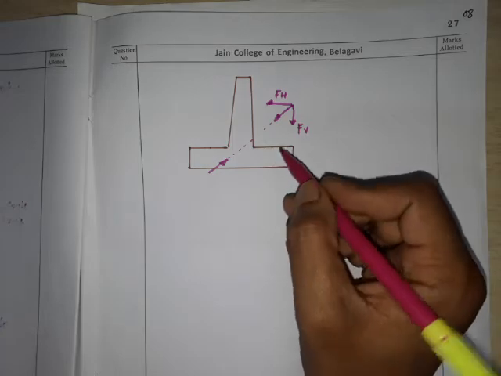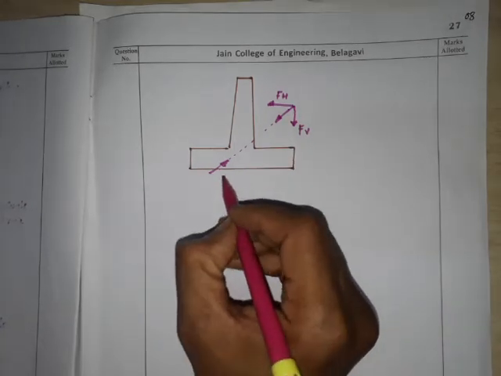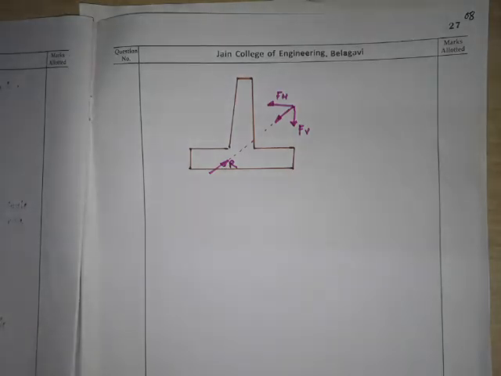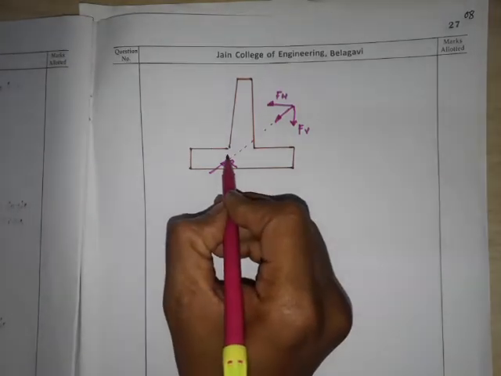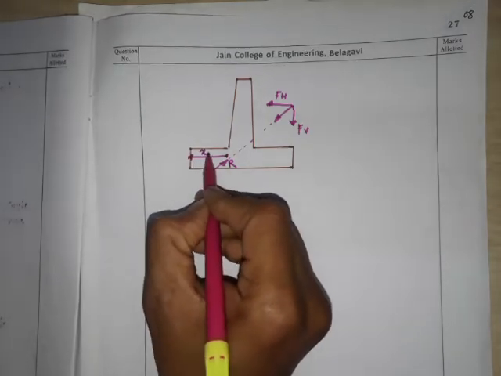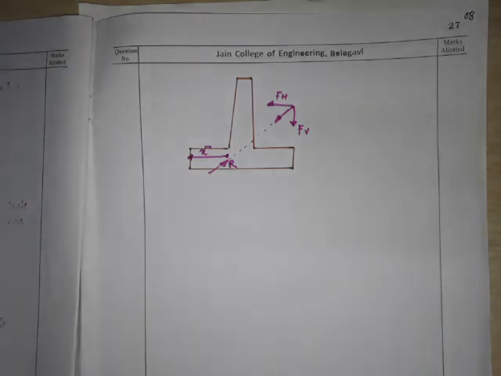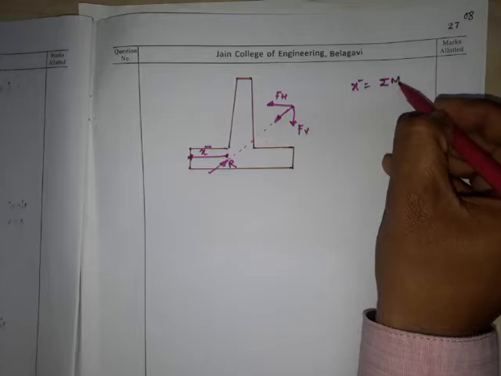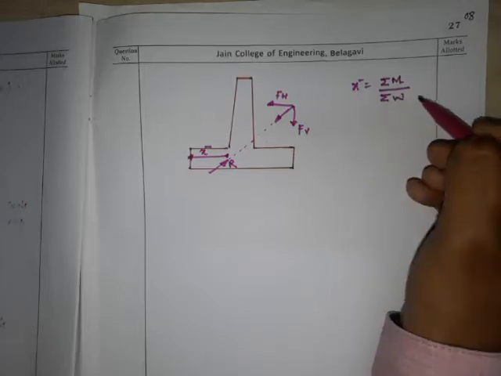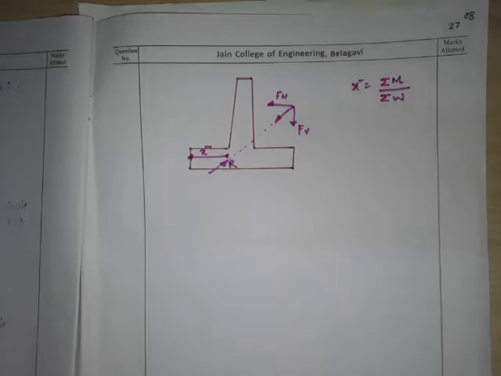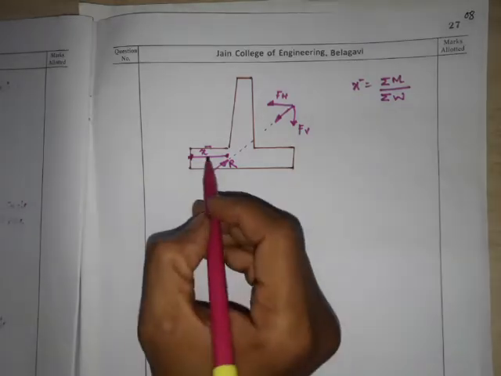It will develop an opposite force, which I call R, the resisting force. And this distance from here to here is nothing but x bar. Are you getting now what x bar is? Just now we have calculated x bar equal to summation of M divided by summation of W, and we have got it as 1.22.